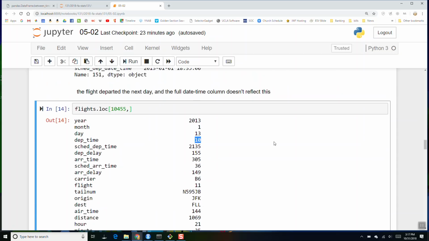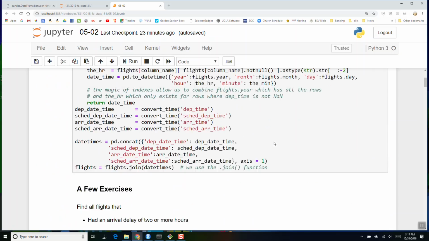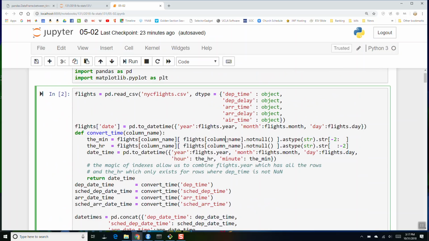And then when we were using our code to extract the minute and the hour, it ran into a problem. It got 10 as the minute, but then it had an empty string for the hour. It didn't pull in zeros.